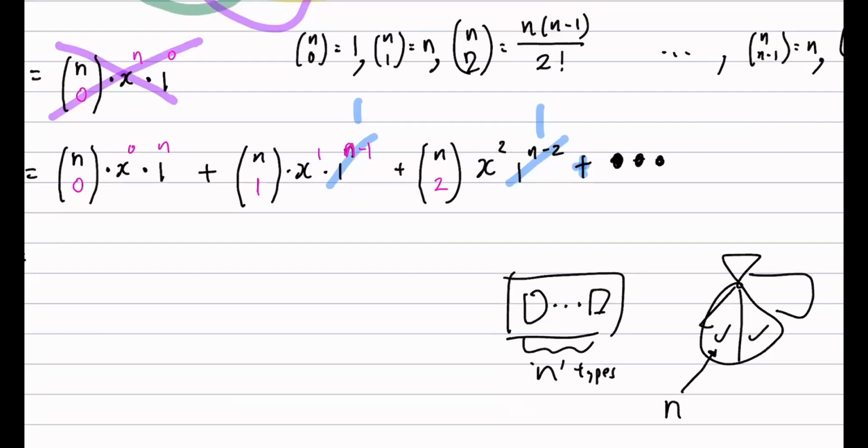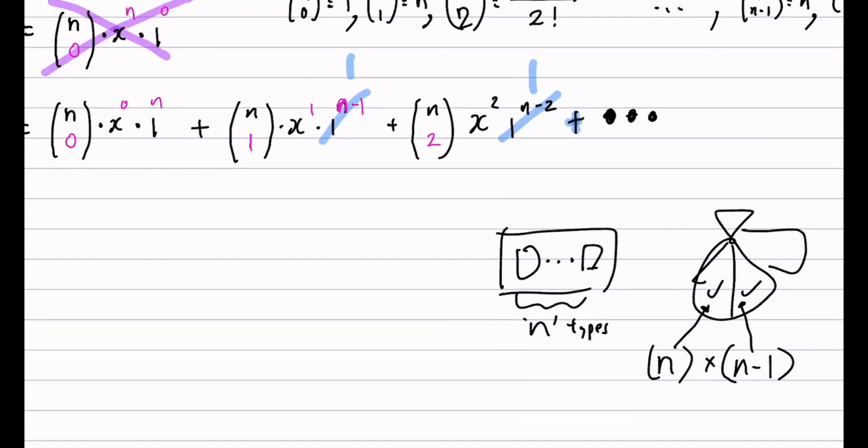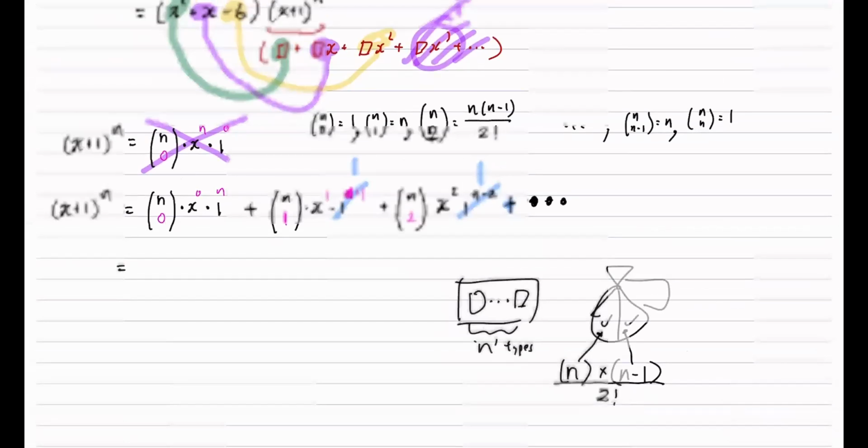N options, right? Then how about the second space? You already put one shirt, n minus 1 options. So you can have a total of how many options? N times n minus 1. But you don't care about the order, right? You put a shirt on the left and you put another shirt on the right, versus you swap the position. It doesn't matter. Then you just divide by 2 factorial to get the unique combinations. That's how you get this formula here.